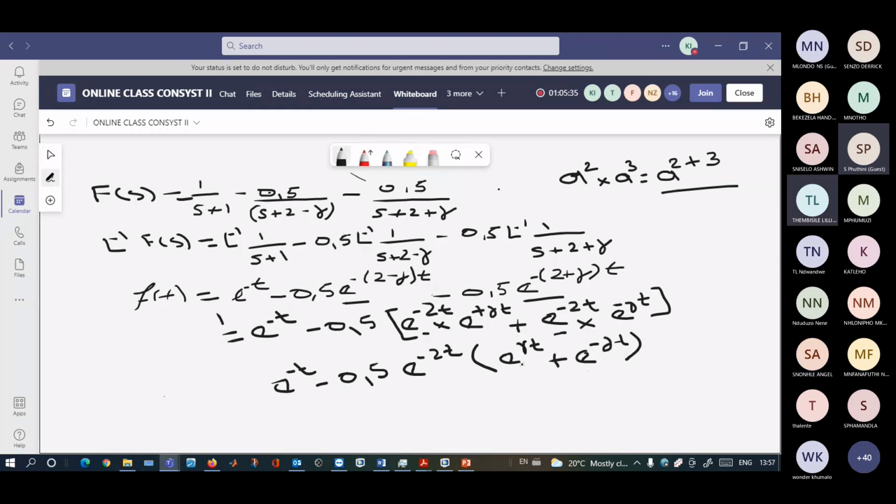So we saw that there are some identities that we can use for complex numbers. If we have this form here, we can convert it to 2 cos t. Let me show you that identity here.